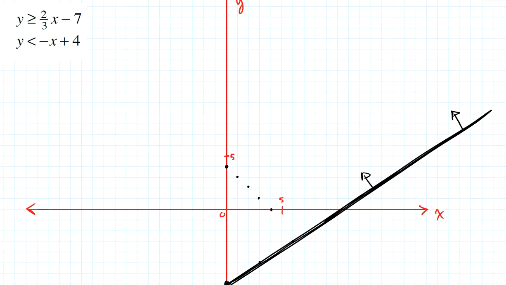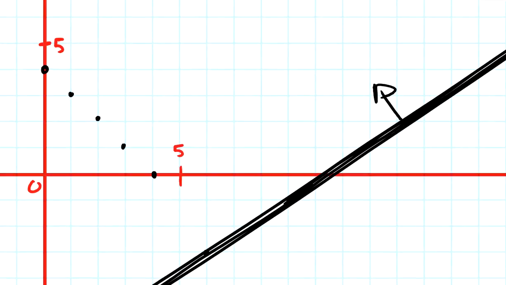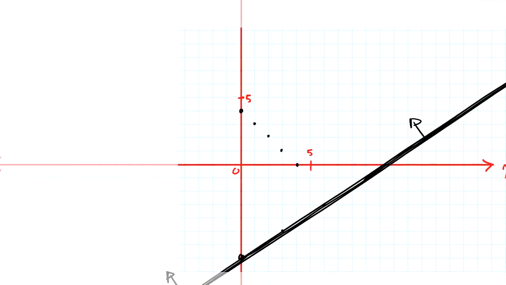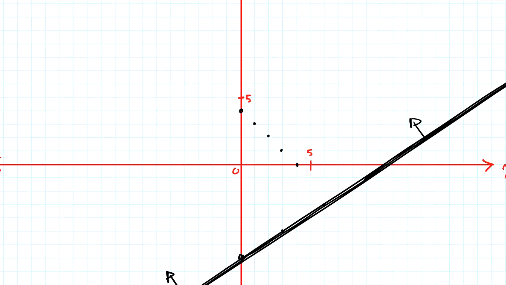So it's going to be a dashed line, and its value is below this line. And also we could test the point 0, 0. If y is 0 and x is 0, that would say 0 is less than 4, which is true. So we're going to be shaded below this line, and this constraint is a dashed line. So ruler down, and once the ruler's down, I'm just going to draw the dashed line here.